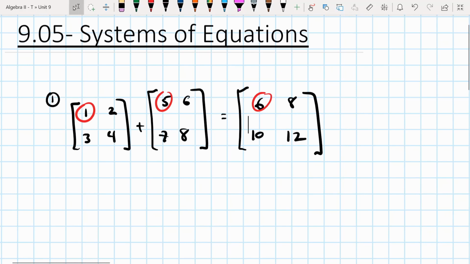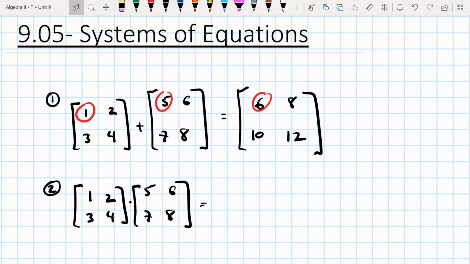Okay, it's a little bit different with multiplication. So if we multiply these two together, we've seen this before, but we do the first row times the first column. And so this is 1 times 5 plus 2 times 7. Then we do the first row second column.